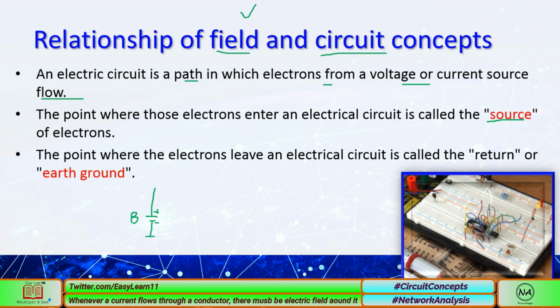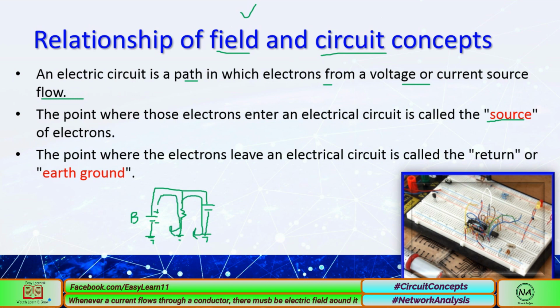If we ground this terminal, and here we have a capacitor, and suppose we have a resistance 2, and this is the grounded terminal. So this is the source point. This is where the circuit is going to flow. The direction depends.